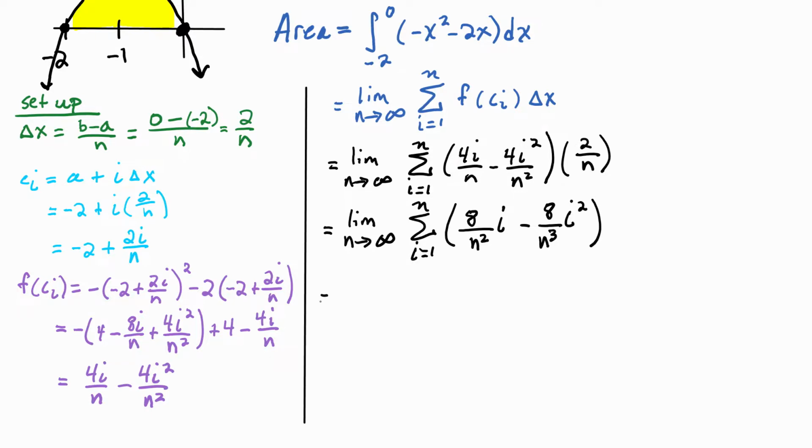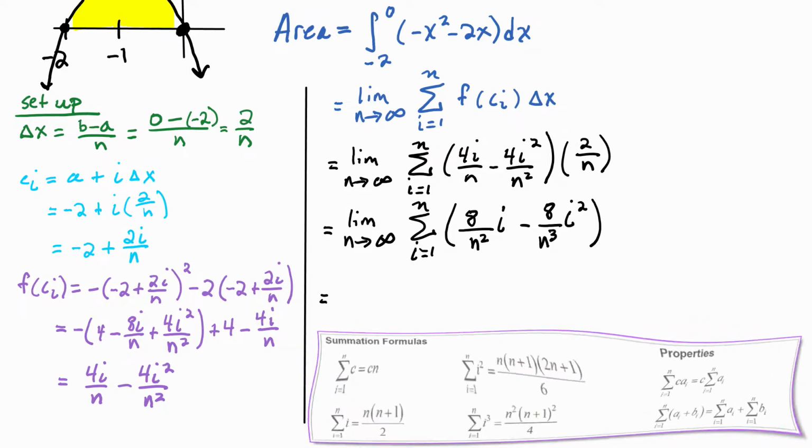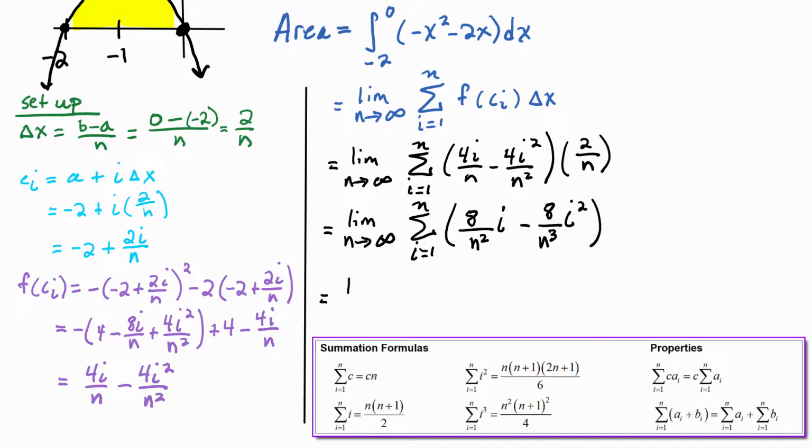Now we can go ahead and apply the summation formulas. So we have limit as n goes to infinity. Now remember that the variable of the summation is i, so we're going to pull this 8 over n squared out like it were a constant, and then we will do the summation over i, which tells us to do n times n plus 1 over 2.